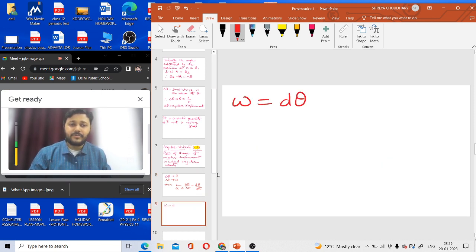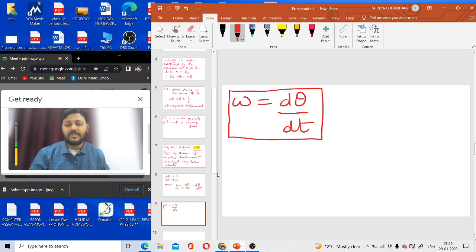Omega is equal to d theta upon dt. This is the formula.